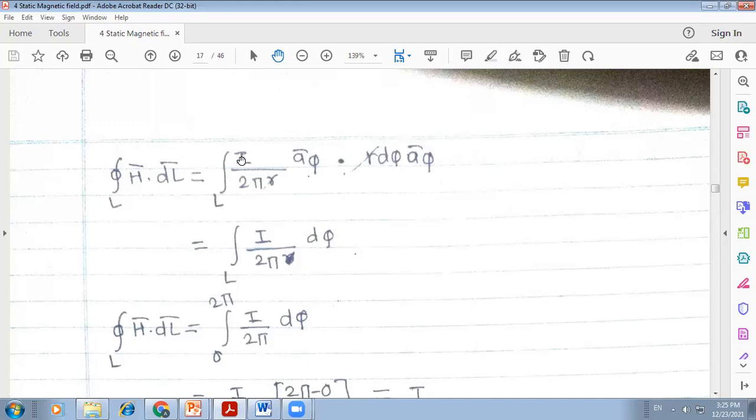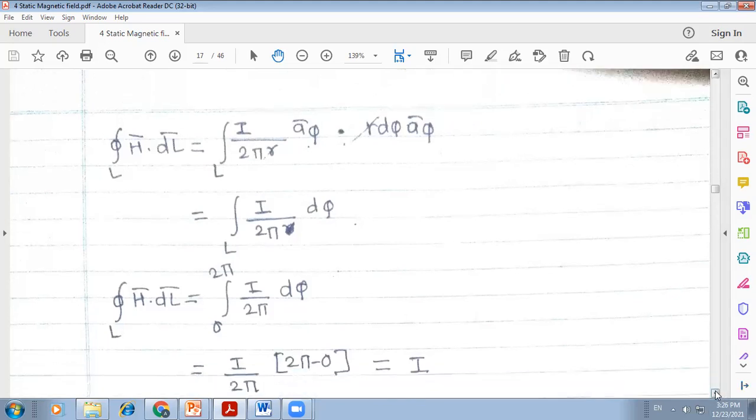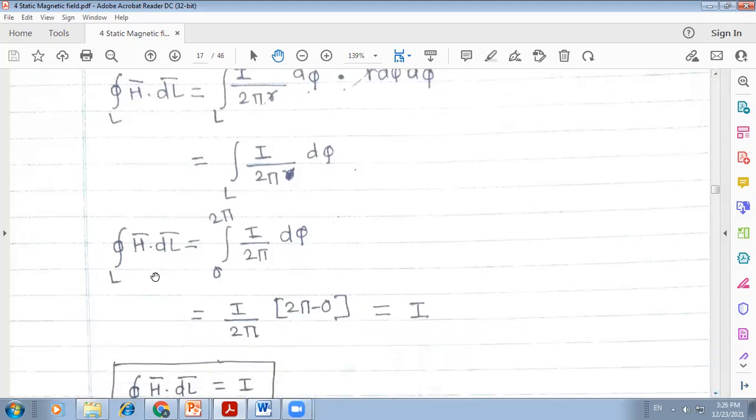So it is I upon 2 pi, only d phi will be there. Okay, so here this closed line integral of H bar dot dl bar is equal to, here variable is phi, and the phi is varying from 0 to 2 pi. Therefore, integration from 0 to 2 pi of this I upon 2 pi into d phi.